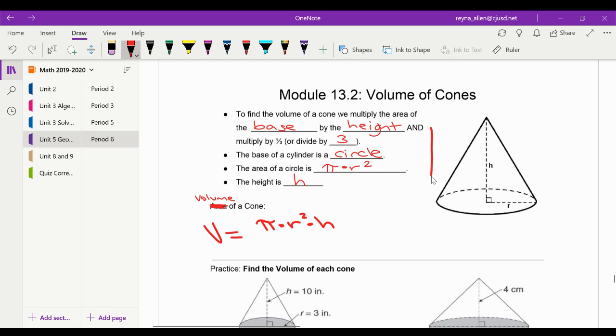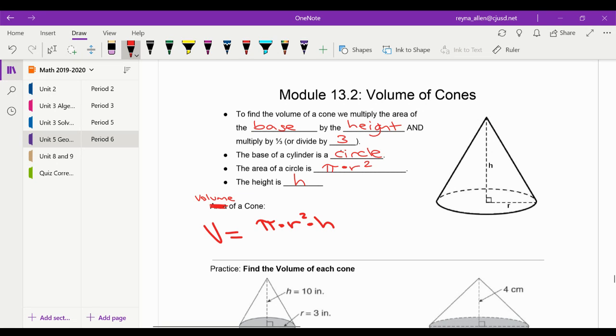However, a cylinder would go all the way up, but a cone has some missing space. And if you look, 1, 2, 3, we can cut that into 3 pieces. In fact, a cone is 1/3 of a cylinder.